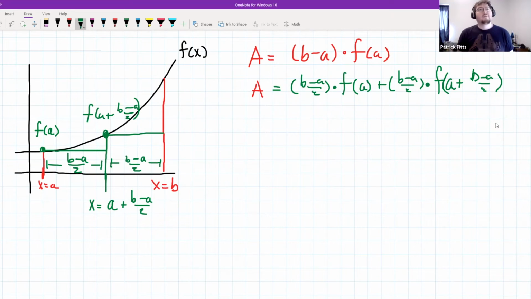You might be able to guess where our next step is going to be. We tried two rectangles and we still have a bit of an error, so trying three rectangles might be better. But I can already tell this is going to get pretty gnarly.